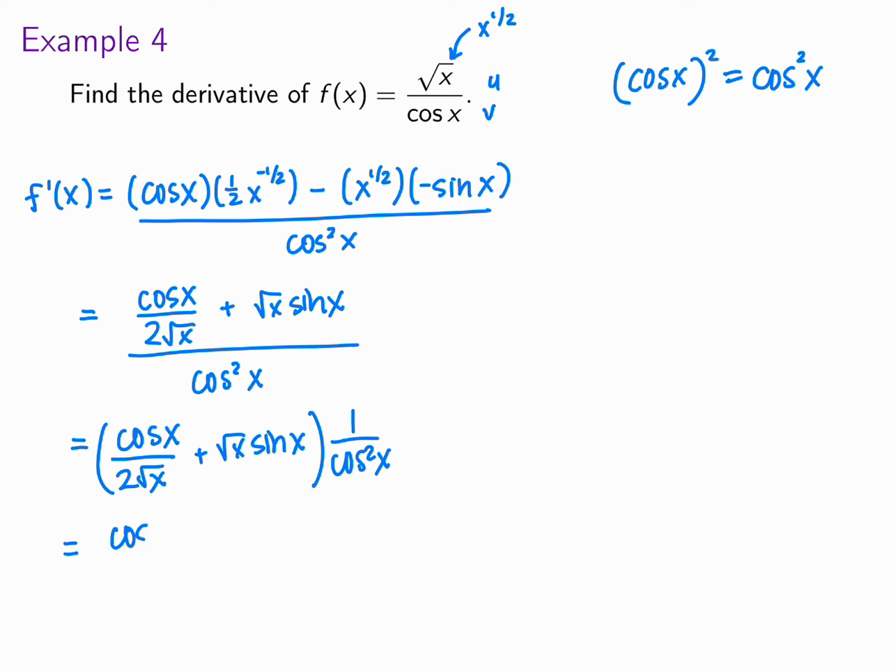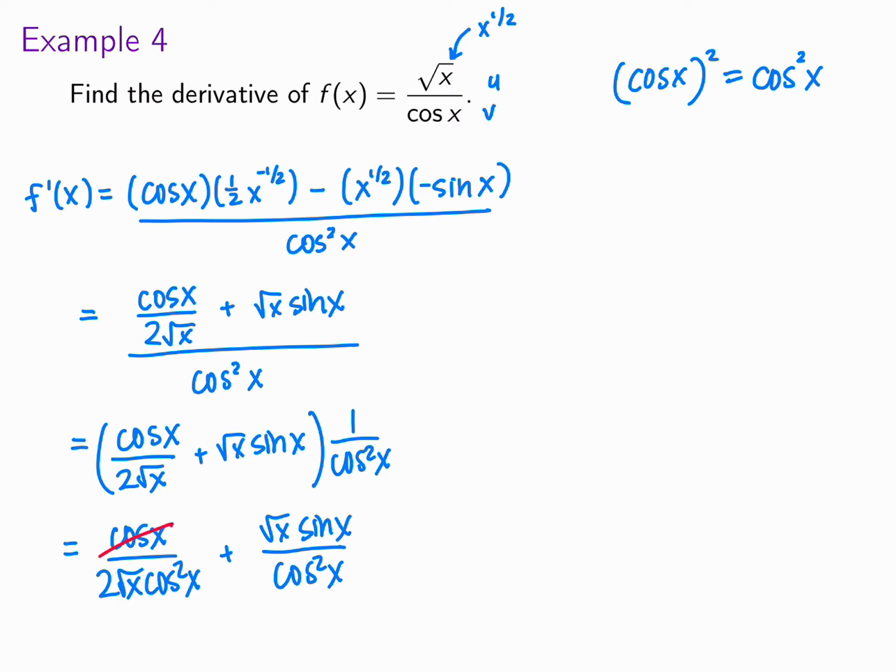So cosine x over 2 square root of x cosine squared x plus square root of x sine x over cosine squared x. And now I'm seeing quite a few things can simplify.